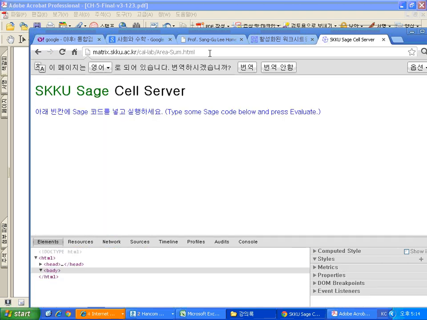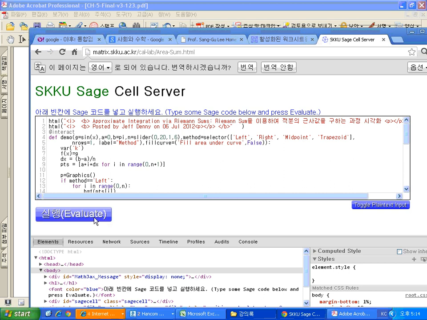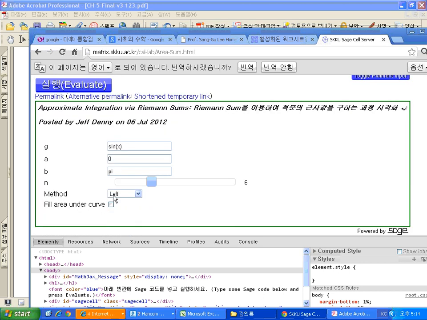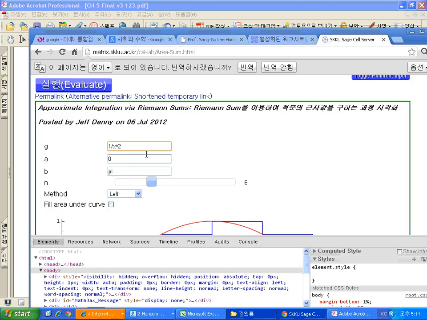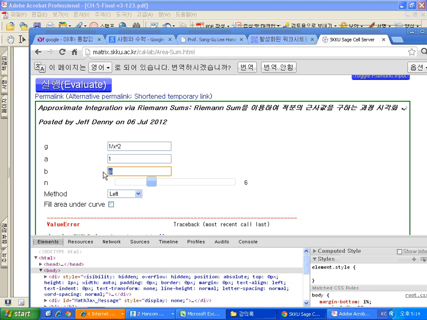we just try to reload it once more and evaluate it, giving the function 1 over x squared from 1 to 2 with n = 5 and midpoint.